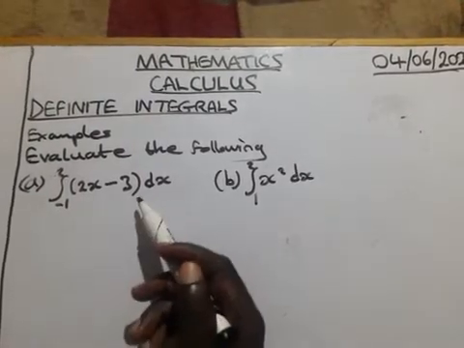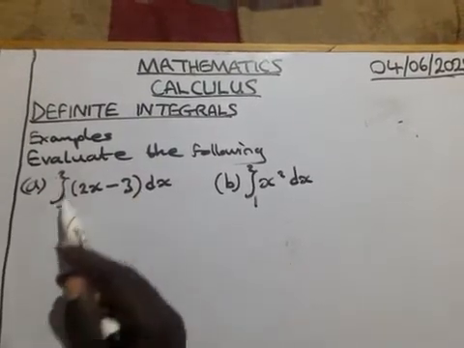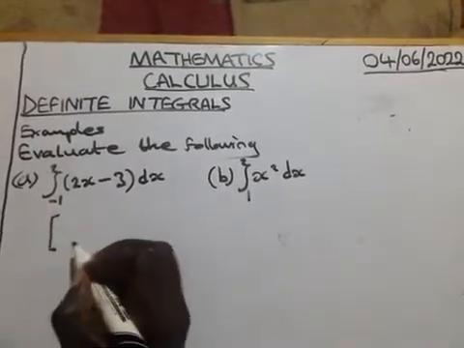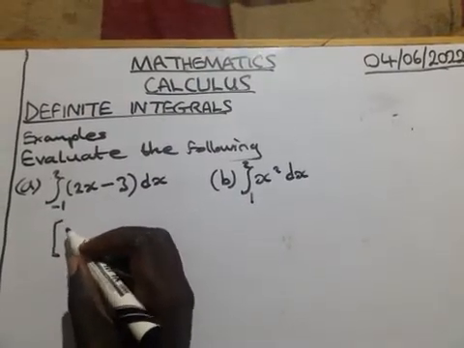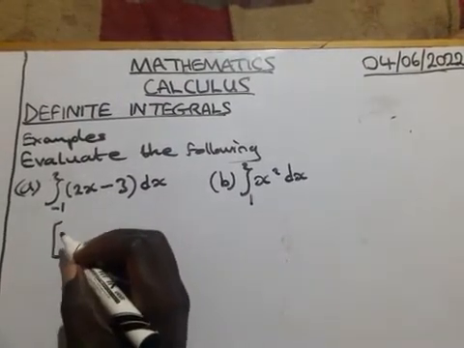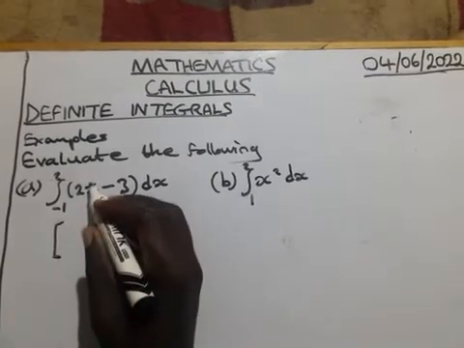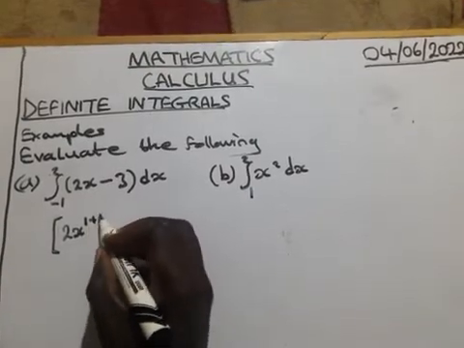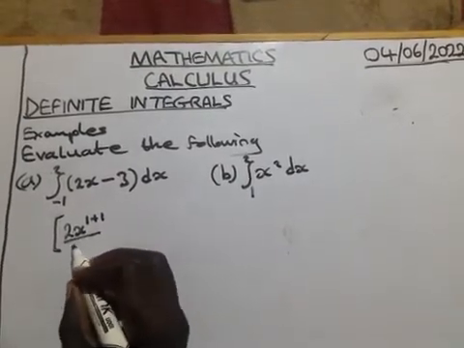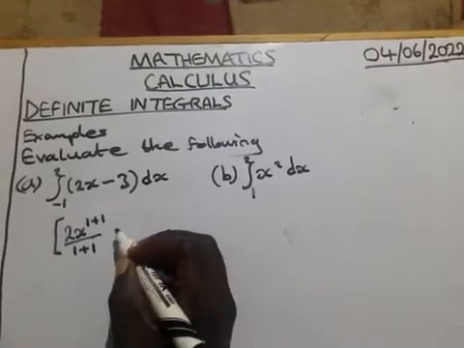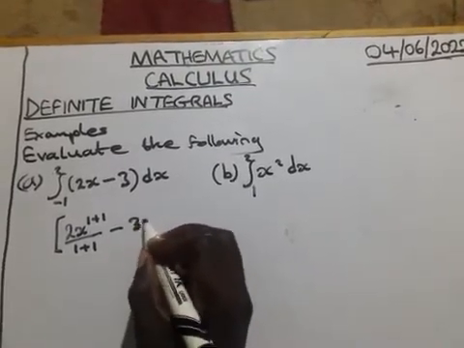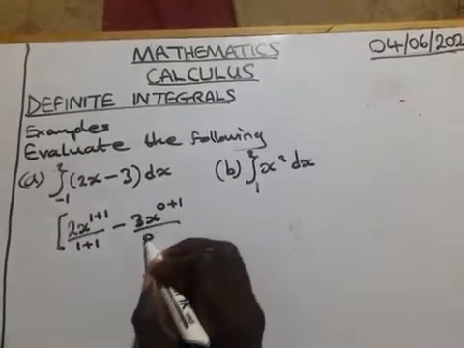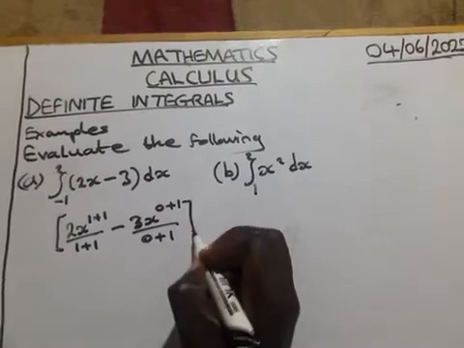So to evaluate this one, you have to first integrate the cofunction. So in this cofunction, we have 2x raised to power 1 plus 1 over 1 plus 1, minus 3x to the power 0 plus 1 over 0 plus 1.